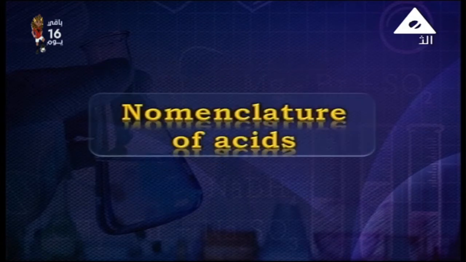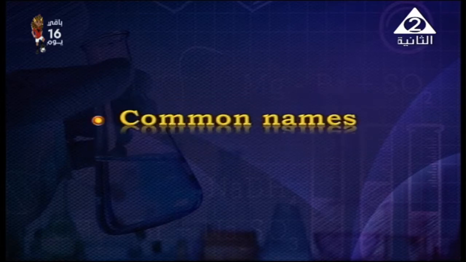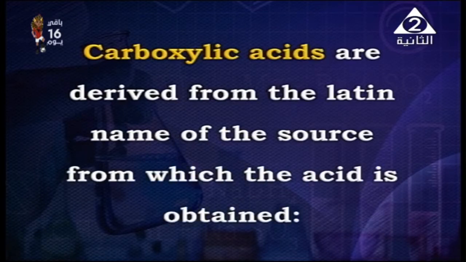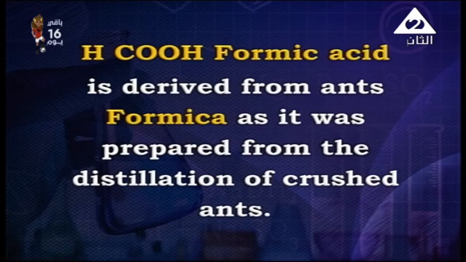Here we are going to discuss the nomenclature of acids. Common names. Carboxylic acids are named from the Latin name of the source from which the acid is obtained. HCOOH is formic acid, derived from ants, formica, as it was prepared from the distillation of crushed ants.